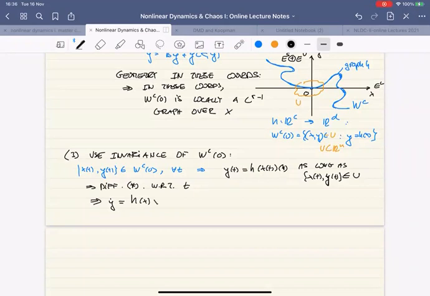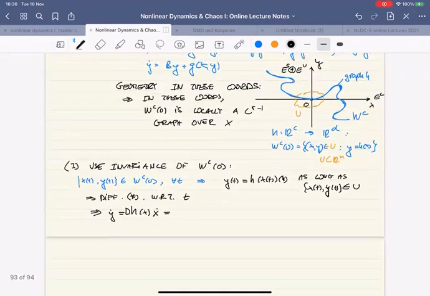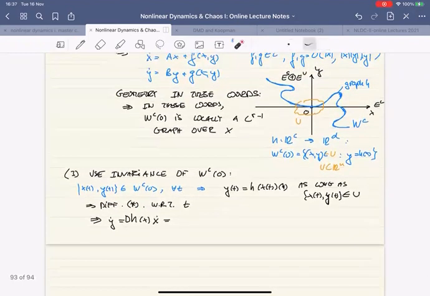And then I have to multiply that by h of x, but I had to take the derivative of that. So that's the Jacobian with respect to x, multiplied by x dot. And now I use the fact that this x actually is a solution. Let's not forget that it solves the differential equation.